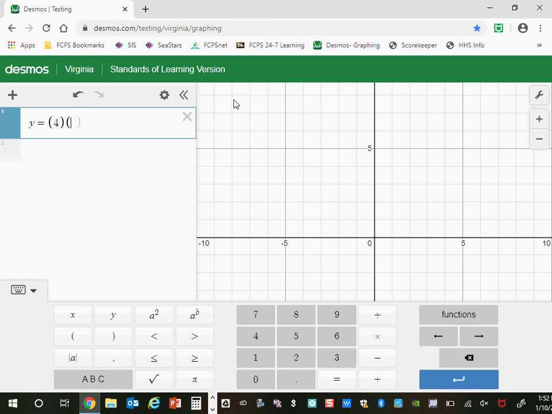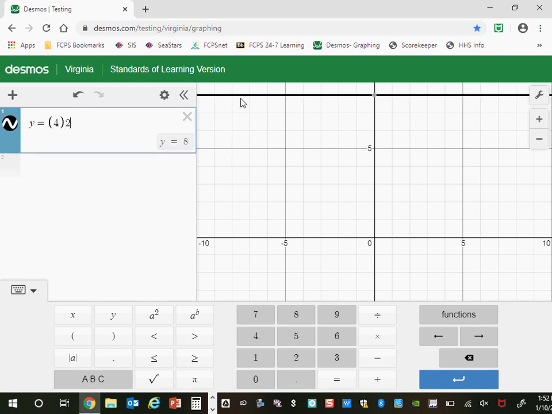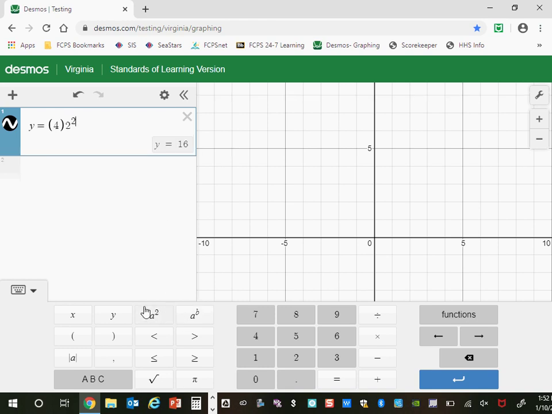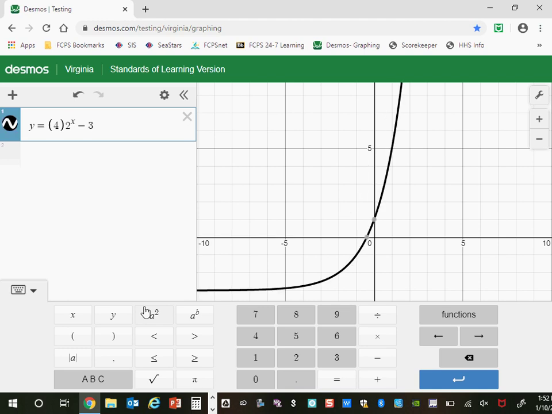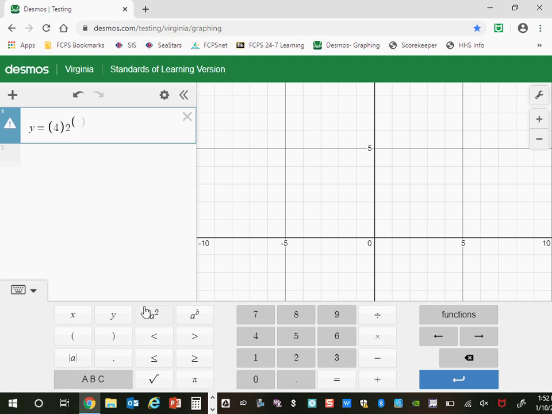Just put the 4 in parentheses, because that's being multiplied. It's a little difficult on Desmos. Your exponent has to be in parentheses, because if not, it's going to look crazy. And then you don't have to put the plus 0.